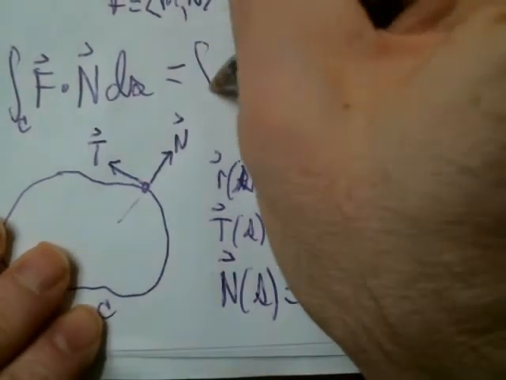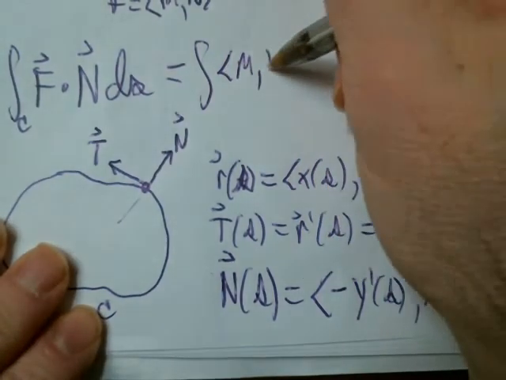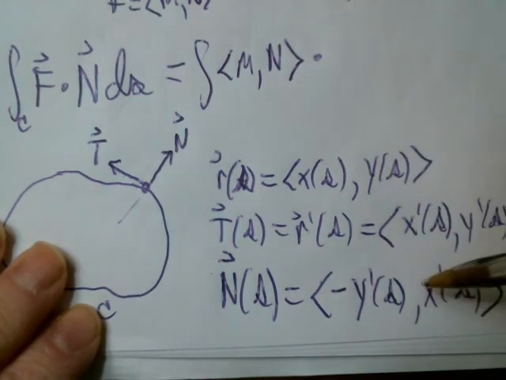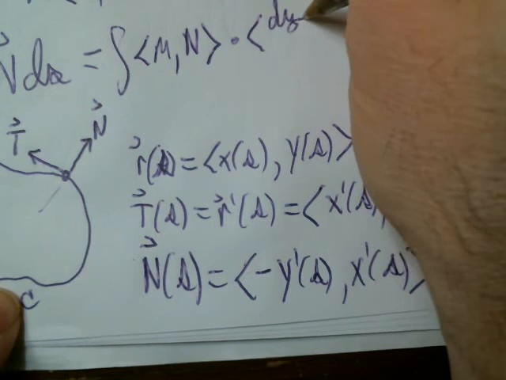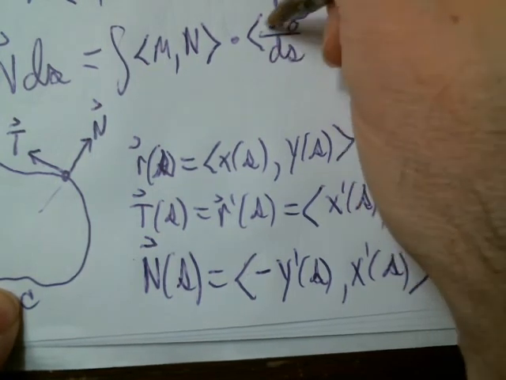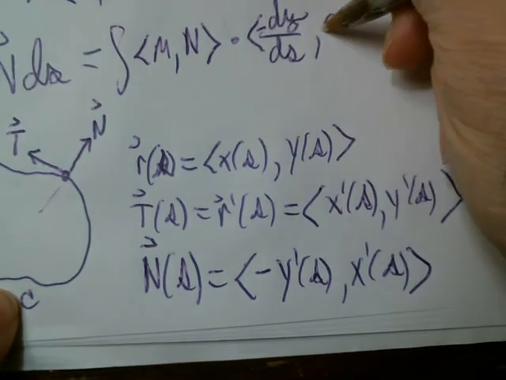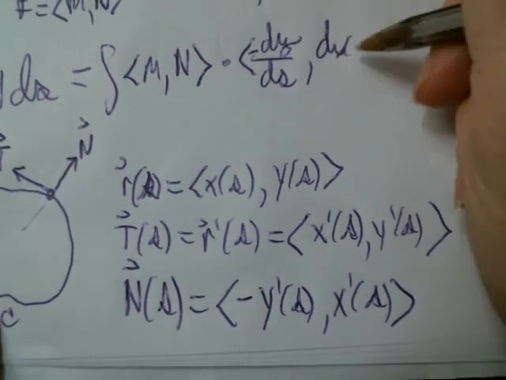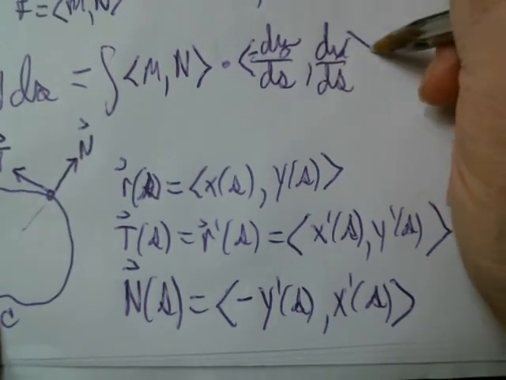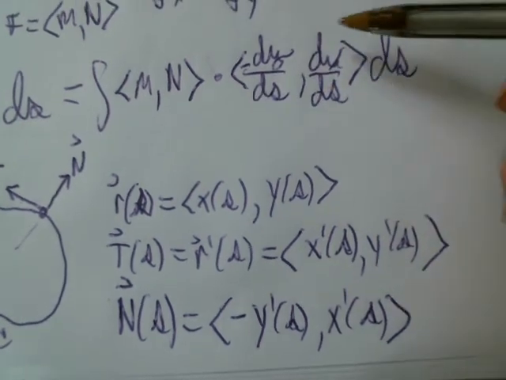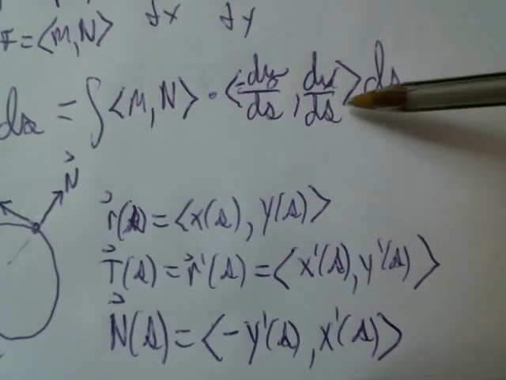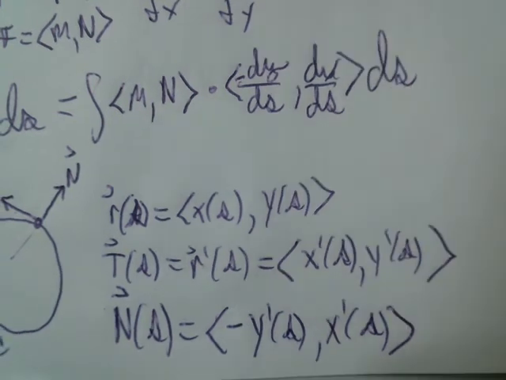And so what do we have? It's the integral of M comma N dotted with this thing. Let's rewrite it as the derivative of y with respect to s, and that has to be negative, comma the derivative of x with respect to s, times ds. If we kind of abuse the notation, we can think of this as this times this times this, and the ds's will cancel.